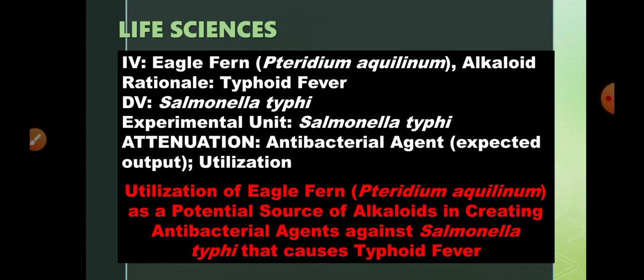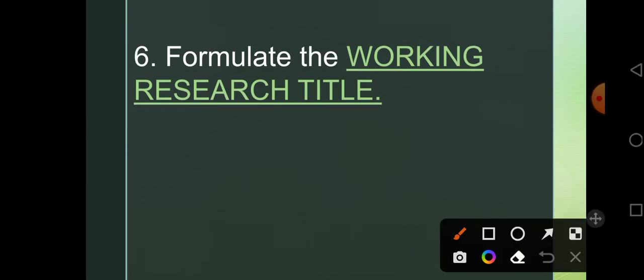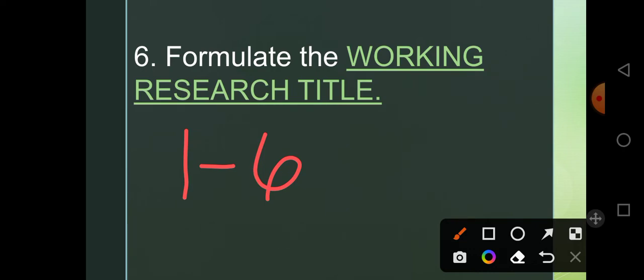Hence, that will be our sixth guideline. You must formulate your working research title. So therefore, class, our guidelines 1 to 6, okay, can also serve as your guideline in formulating your research title.